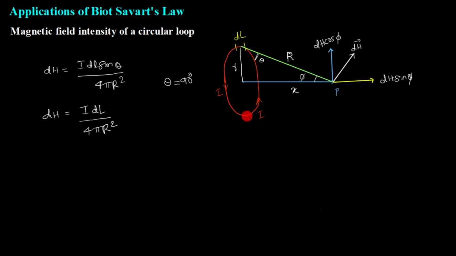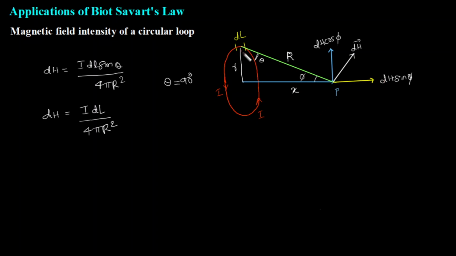If this dl is at the bottom, this will be R, this will be the line joining, and my dH will be in this direction. I will resolve it into two components again, where the horizontal component remains the same, but the vertical component will be in this direction now, equal in magnitude but opposite in direction. So what does it tell you? These vertical components will cancel each other and this horizontal component will get added up.